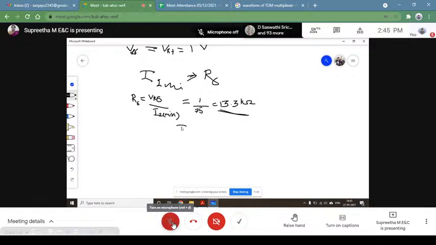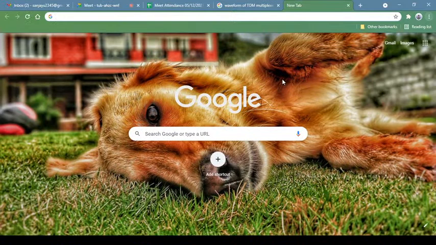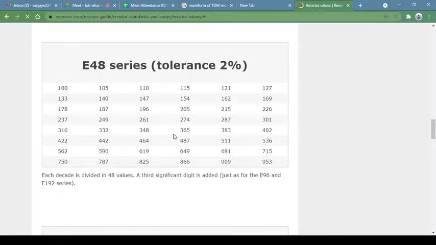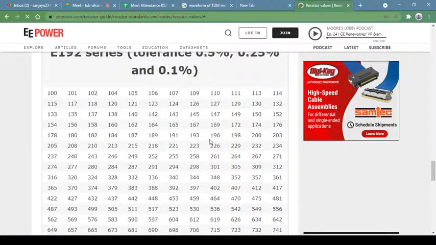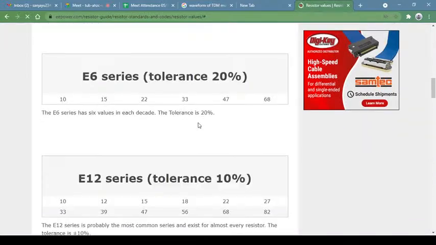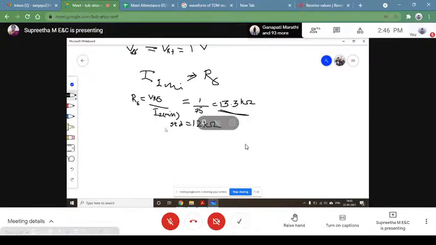Yes, ma'am. What is the standard resistance nearer to this? 12 kilo ohms. Okay. So 12 kilo ohms is R6.